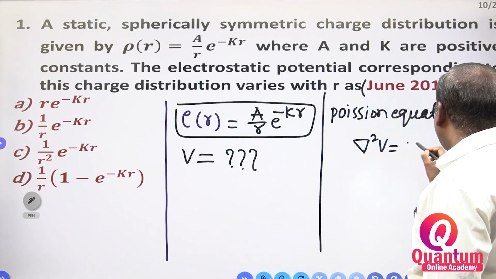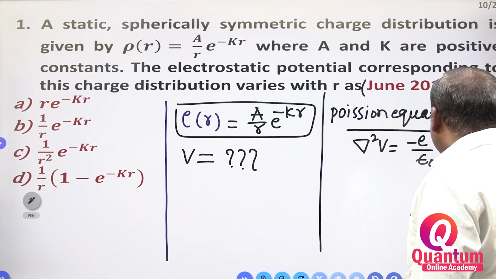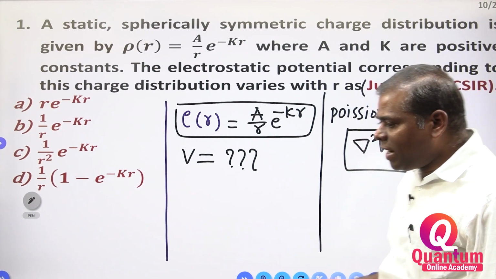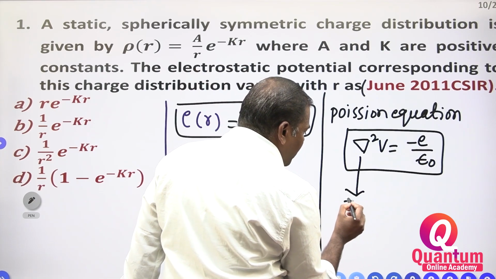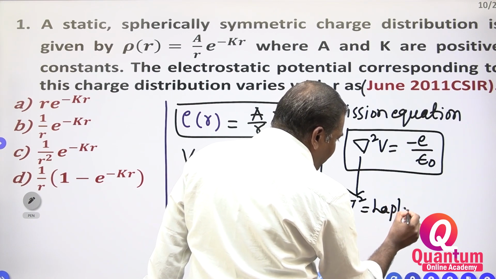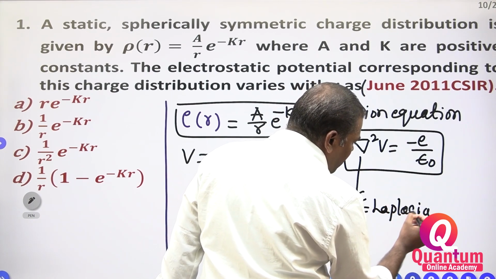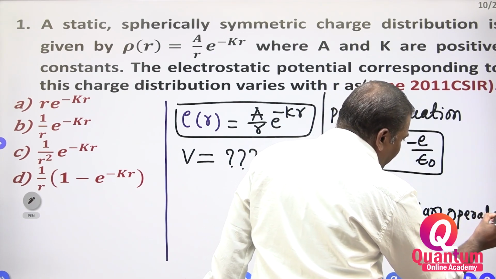Del square V is equal to minus rho by epsilon naught. What is del square? This is a Laplacian operator. Del square is a Laplacian operator.